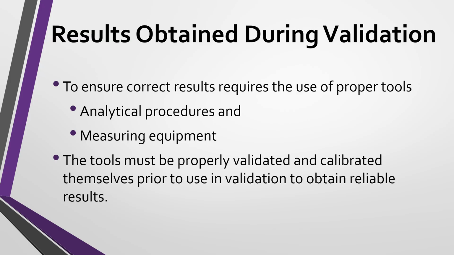The tools must be properly validated and calibrated to obtain reliable results. You want results that you can rely on time after time after time, and if your tools are not validated, you are not assured that that is what will happen.